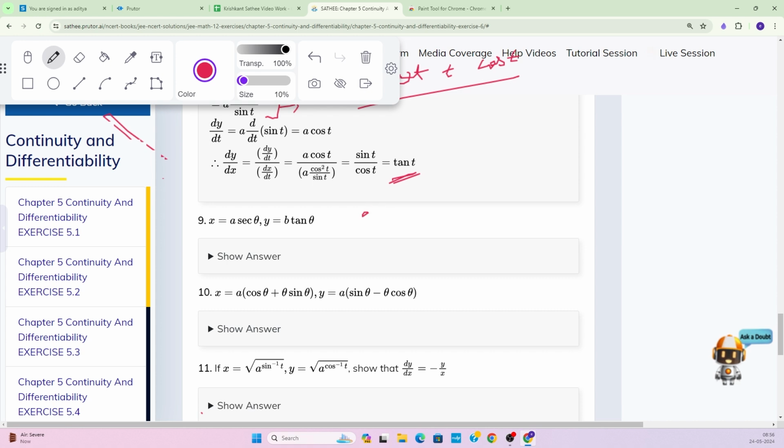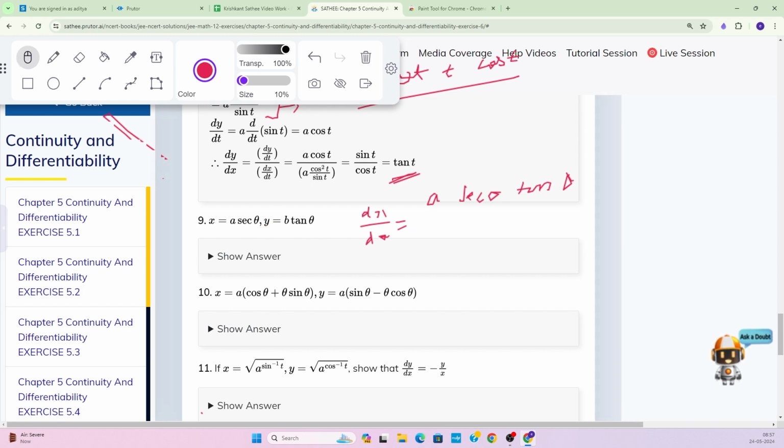Now dx over d theta, if you want to evaluate, what you will have? You will have a sec theta tan theta, and dy over d theta will be b sec square theta.